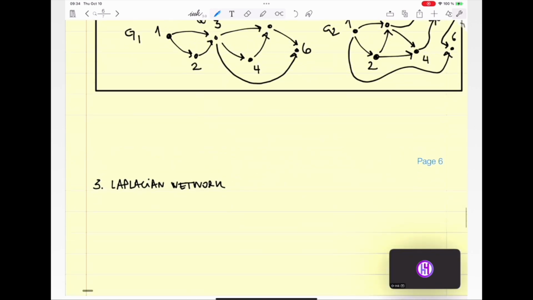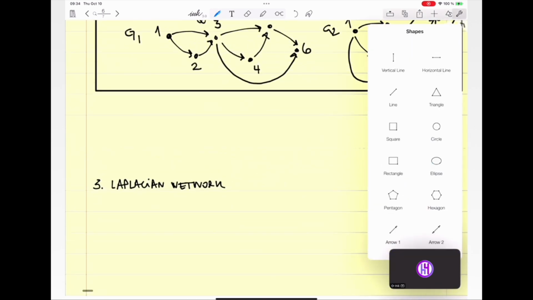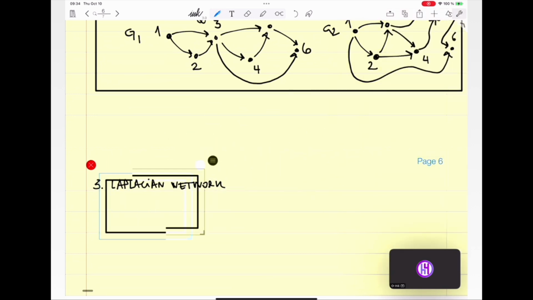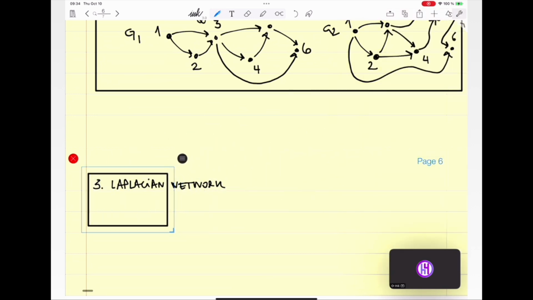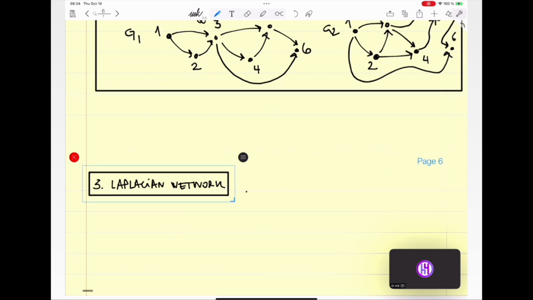The Laplacian of a network. And this is a method to transform a network into something that can be Euclidean.